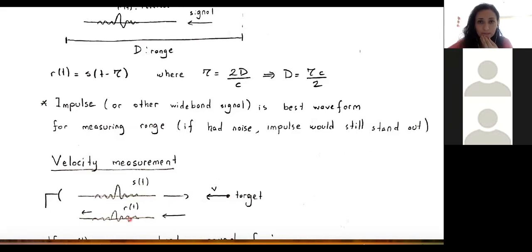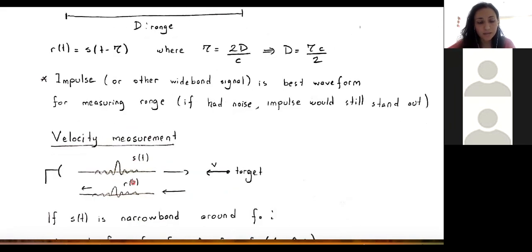Again, there will be a delay, of course, due to this traveling distance, but let's ignore the delay for now to understand what will be the effect of the velocity of this target on the received signal. Let's understand what will be the change on the received signal other than the delay.